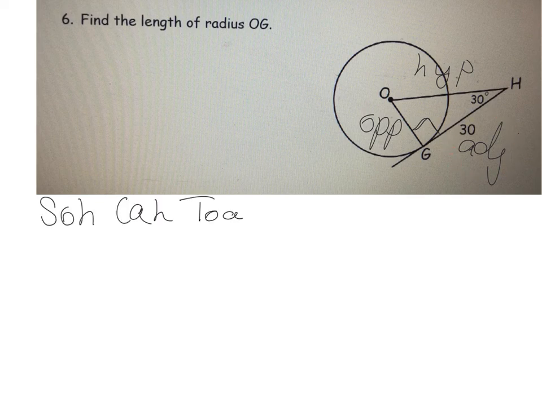So we're going to tick off the sides that we know and that we want to know. So we want to know the opposite, so we're going to put ticks on the O's. And we know the adjacent, so we're going to tick the A's. So this time, the one with two ticks is TOA, so we're going to use tan.